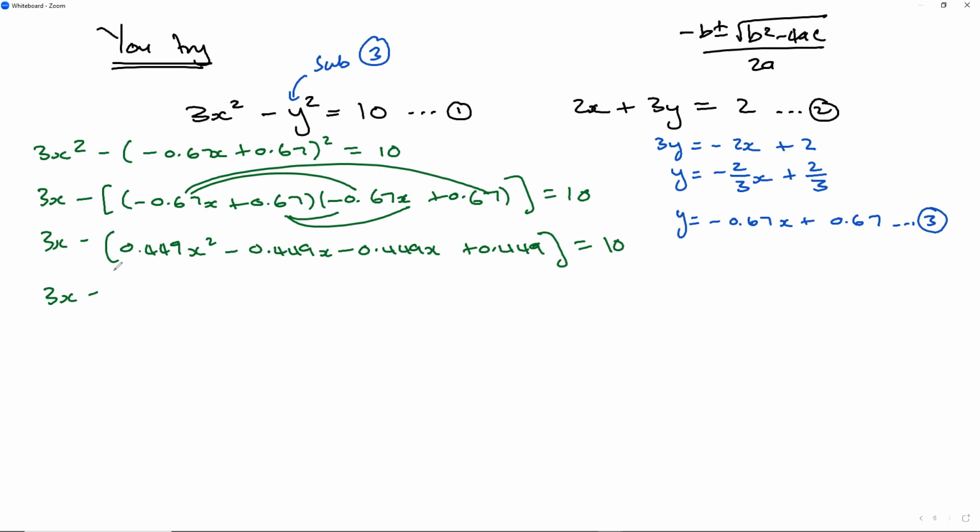And now I'm going to take 0.449 and add it onto 0.449. It comes to 0.898. So 0.449x squared minus 0.898x plus 0.449 equals 10. Take the negative into the bracket and try to simplify it. This is squared all the way through, 3x squared.